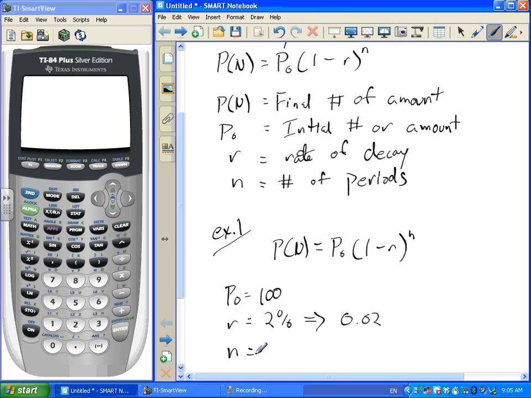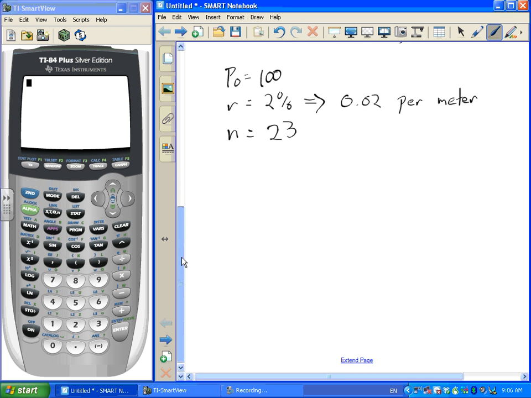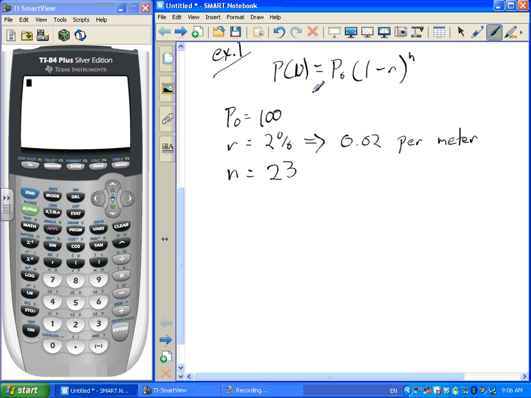What is the number of periods? 23 meters. That rate of decay is per meter. So we are 23 meters, which means we have gone through 23 periods of decay. So our N will be 23. We're going to simply plug those into our formula and try to solve for what our percentage of light is right now.